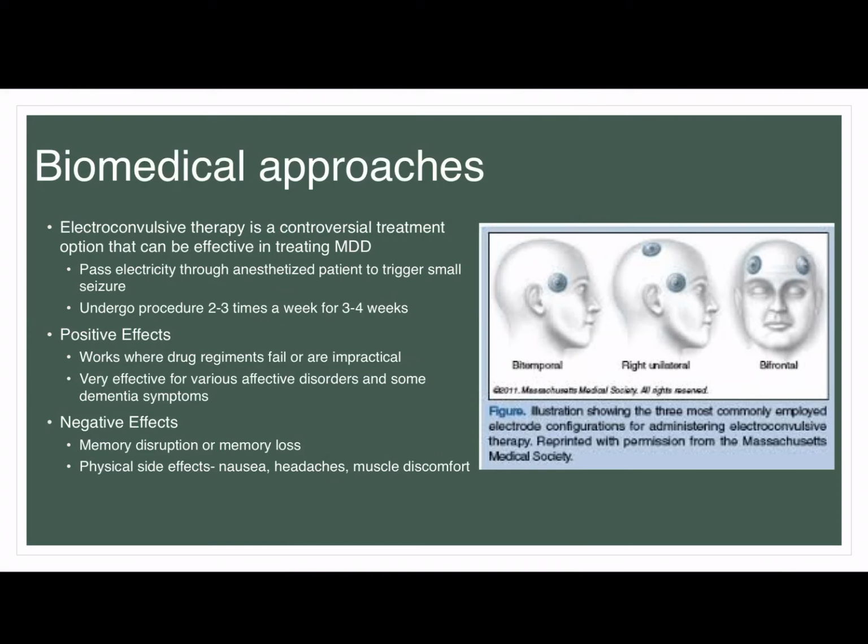You undergo these procedures a few times a week for a couple of weeks, and again, it depends on the patient and the treatment plan the doctor is trying to follow. But the idea is that these electrical currents will trigger a boost of all neurotransmitters within the brain. And then when it goes through that reuptake, it kind of resets the brain the same way when you reboot a computer, it resets all the problems within the computer.